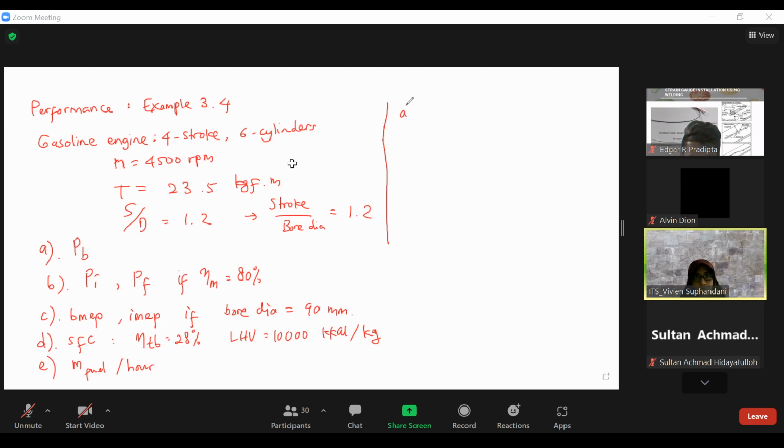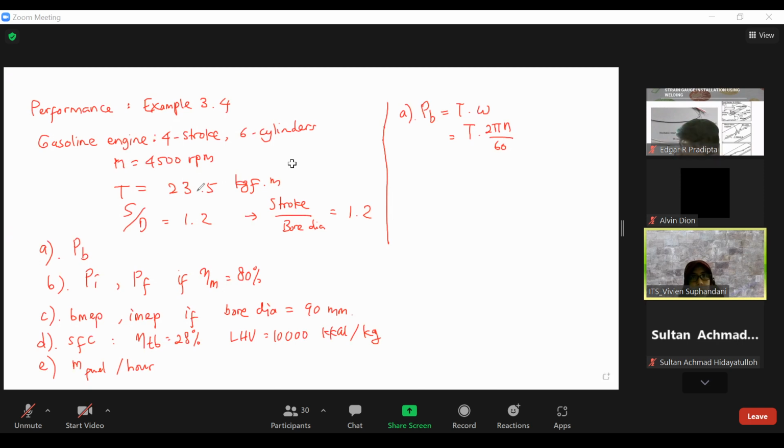When we have the torque, the brake power is torque times omega, so 2 pi N over 60 if N is in RPM.